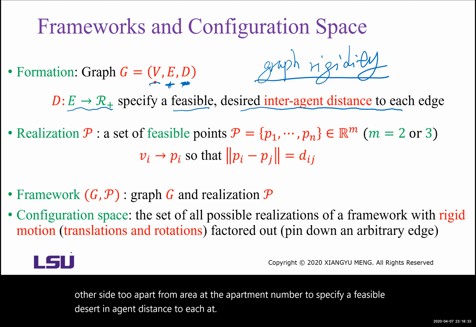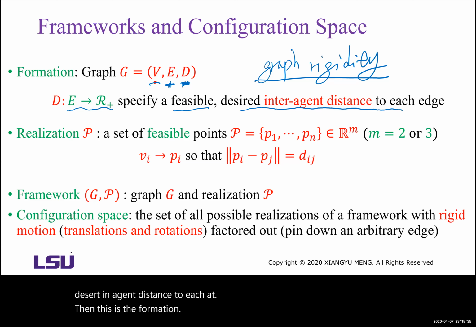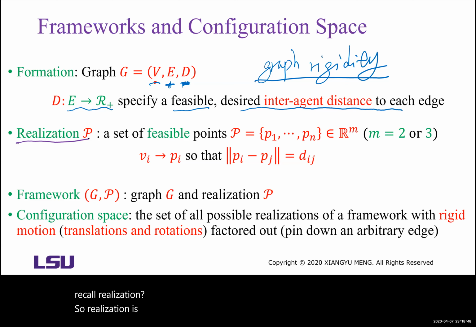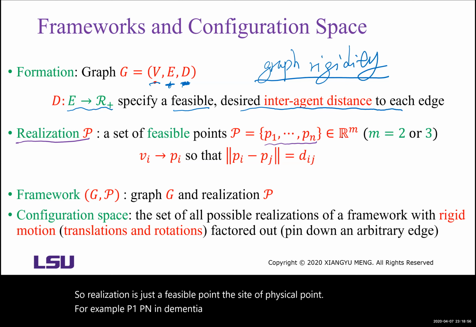Then this is the formation. For a specific formation, there may be many realizations. What do we call a realization? A realization is just a set of feasible points, for example P1 until Pn in dimension 2 or 3.